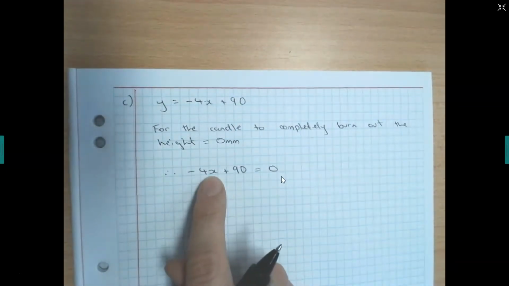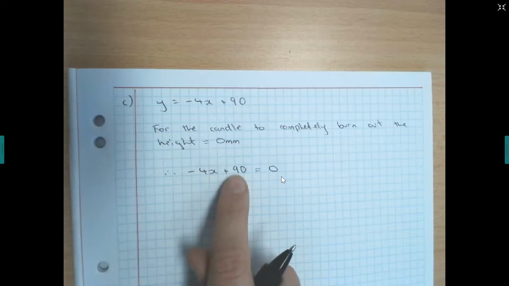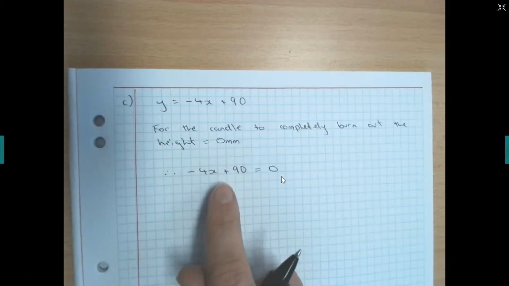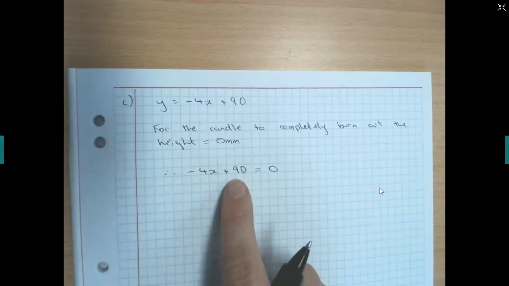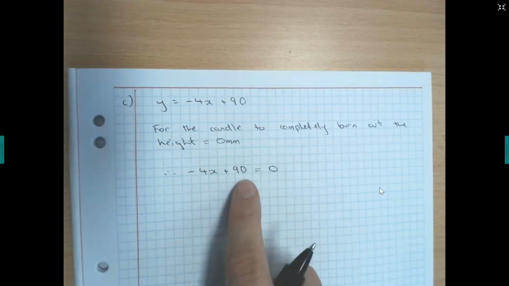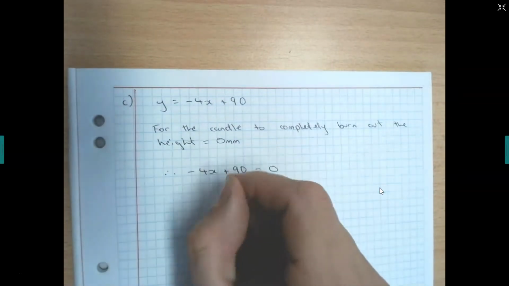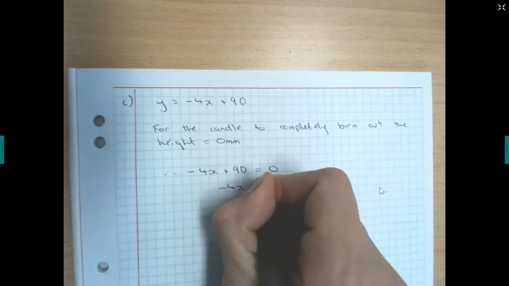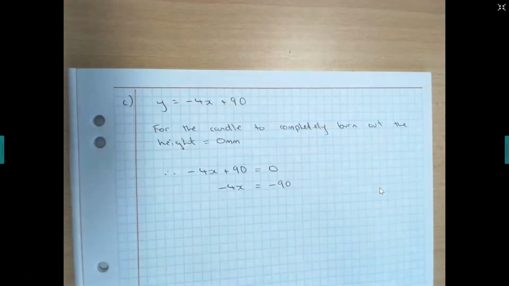So we want to find what the x is, because x represents the amount of time taken for the candle to burn. So this is just a matter of rearranging this equation. Again, if we have positive 90, we have to subtract 90 from both sides because we're trying to isolate the x. So this means that I'll have minus 4x is equal to 0 minus 90, which is going to give me minus 90.